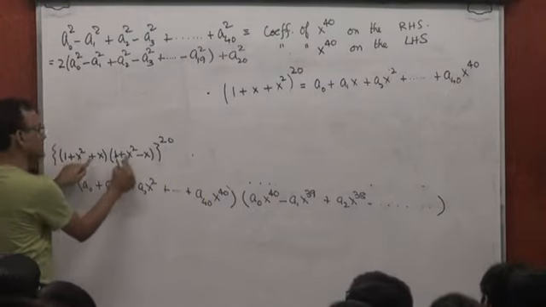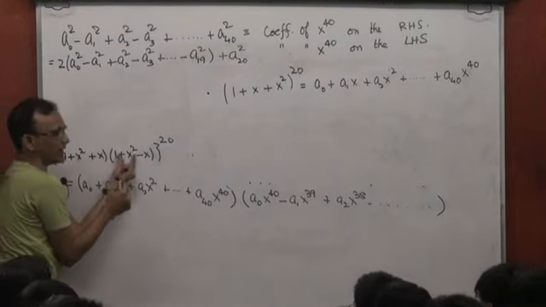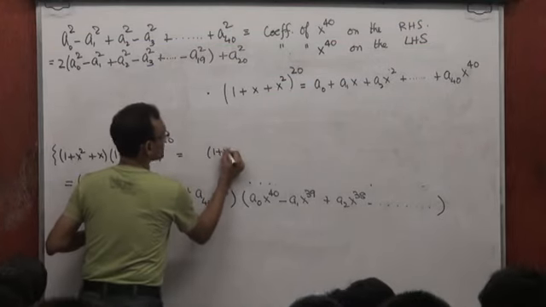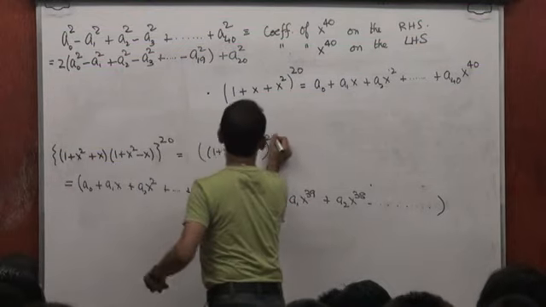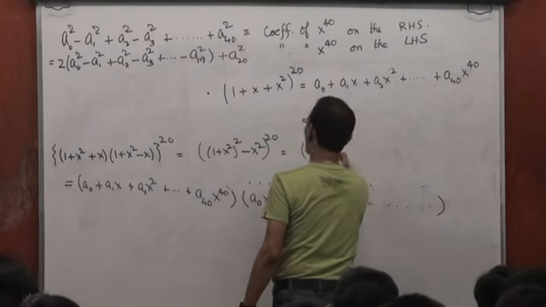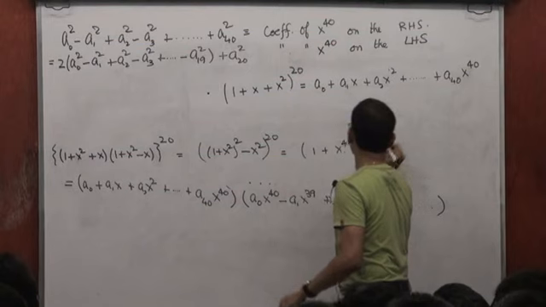This, you realize, is 1 plus x squared plus x into 1 plus x squared minus x. A plus b into a minus b is what? 1 plus x squared whole squared minus x squared, whole to power 20. This is 1 plus x power 4 plus x squared minus x squared, whole to power 20.